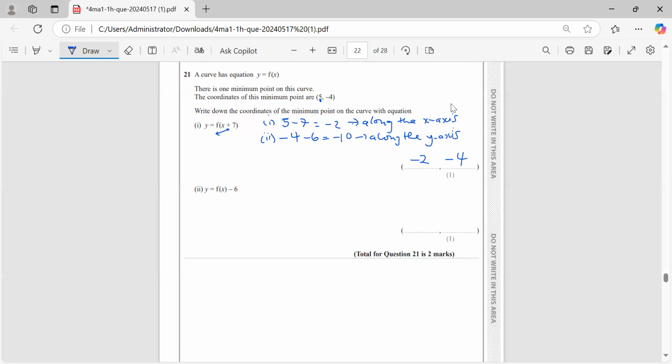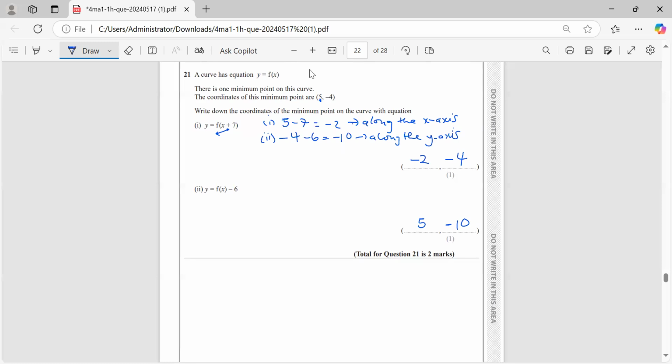So it's -10. There is no change in the x value. The x value just remains 5 because we're using this point over here. But the y value is going to change to -10, right? Okay, so that's what we have for number 21.